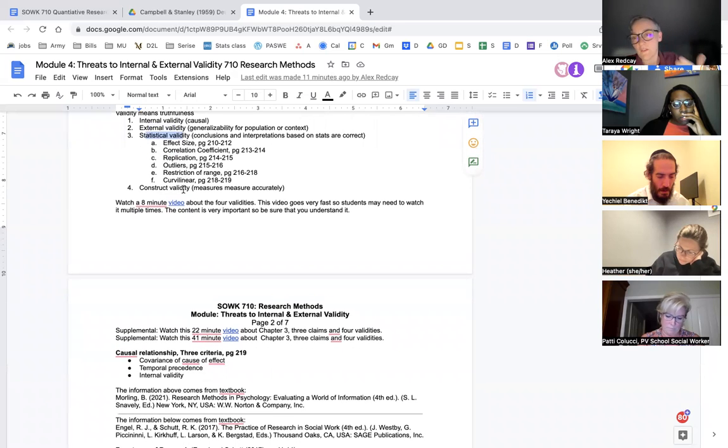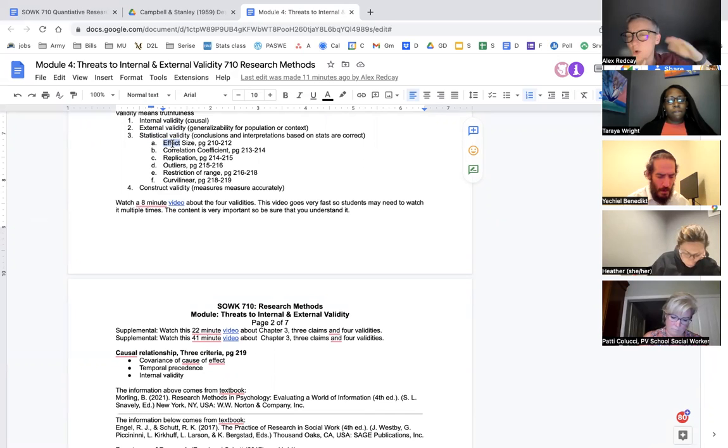Then we have statistical validity. We could do the statistics and the math and we get a great p-value, but it has a low effect size, which means, yes, it is significant, but is it big enough? Sometimes you can fake significance.